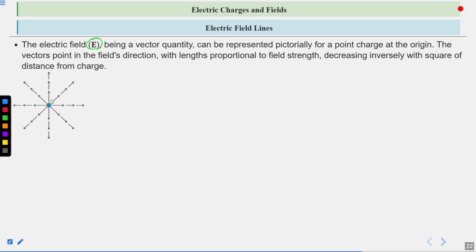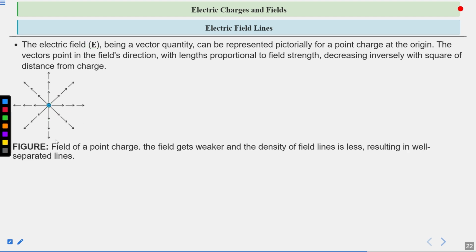So here the charge is positive. So electric field lines, listen carefully, go radially outward. And if the charge is negative, in that case, what happens? In the figure, for a point charge plus q, the field gets weaker with distance and the density of field lines is less, resulting in well separated lines.